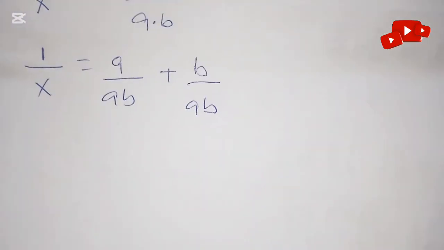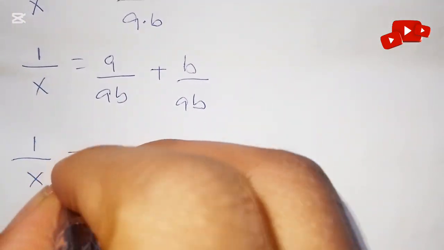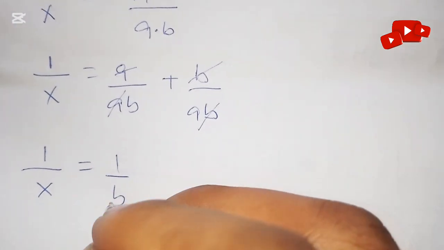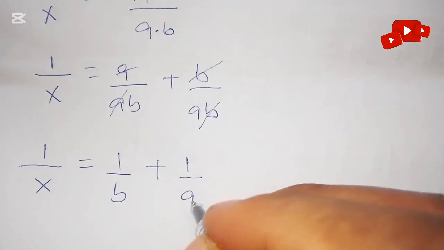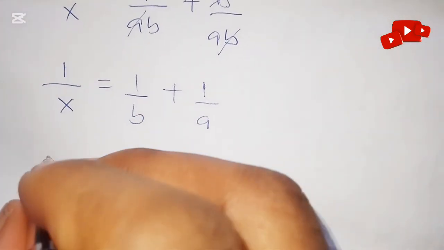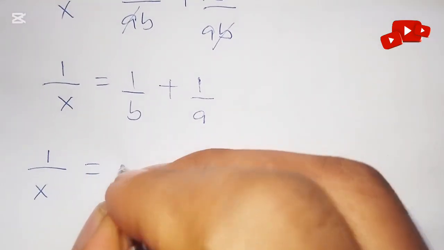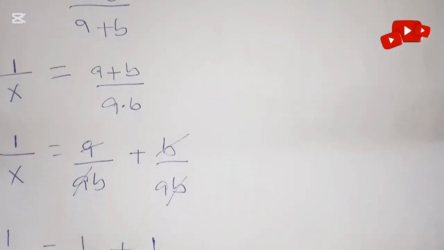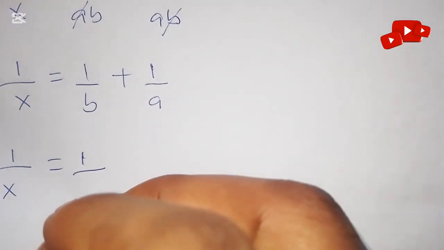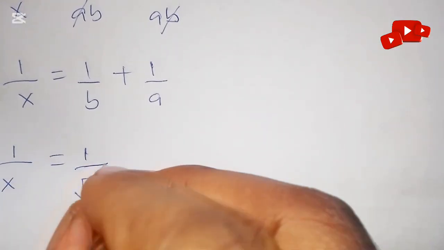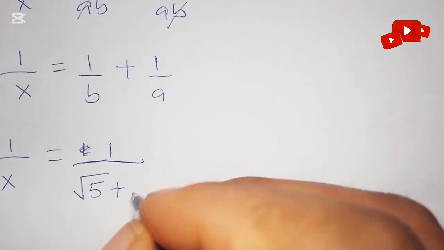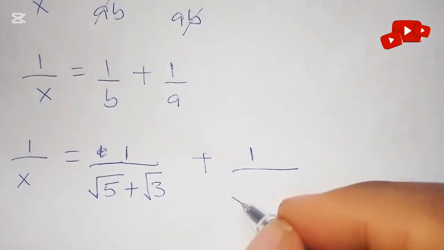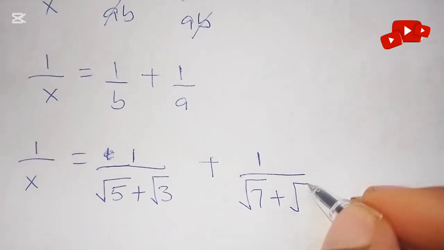Then this strikes out, so we have 1 over B plus 1 over A. Now we can substitute the values for A and B. Remember, the value for A is this and the value for B is that. So 1 over root 5 plus root 3, plus 1 over root 7 plus root 5.